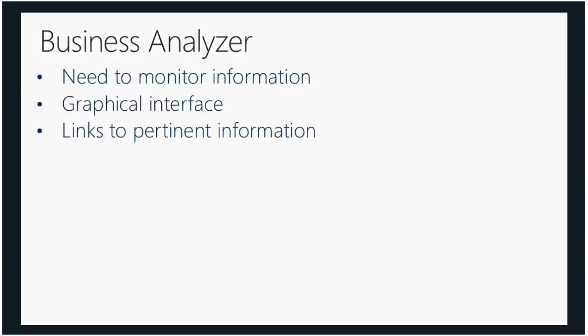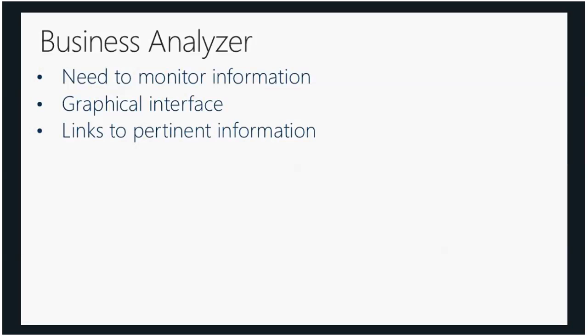Two, I'd like it to be a graphical interface because, well, that's the kind of world we live in. We want it nice and pretty and graphical and interactive. And I also want another way to be able to link to pertinent information. So I have an Excel document, and I want this guy to be able to look at it, but I don't want to have to tell him how to get to a SharePoint site or worry about him losing the link to the URL to get to the document.